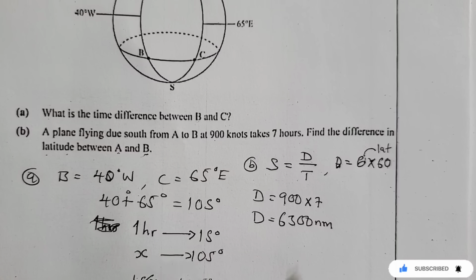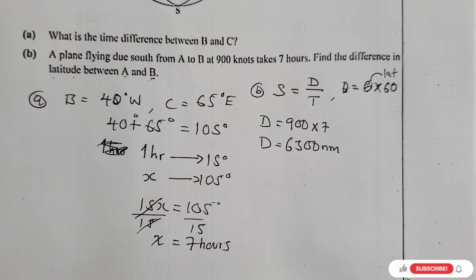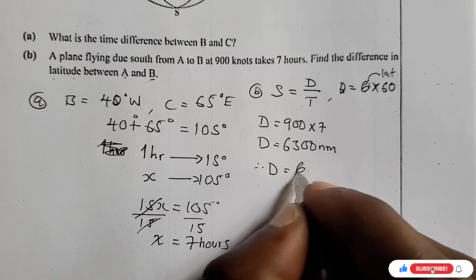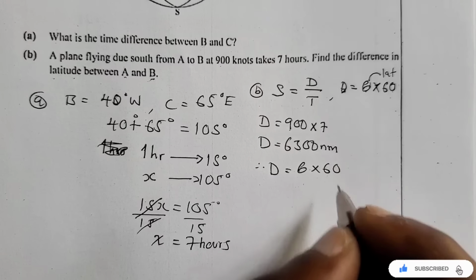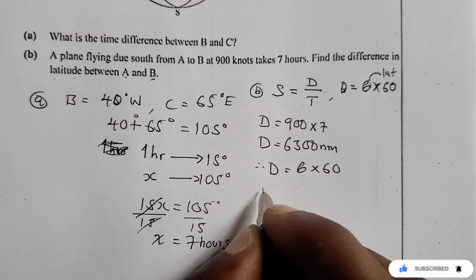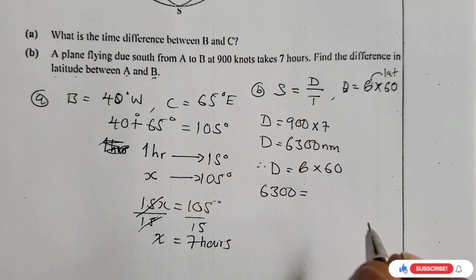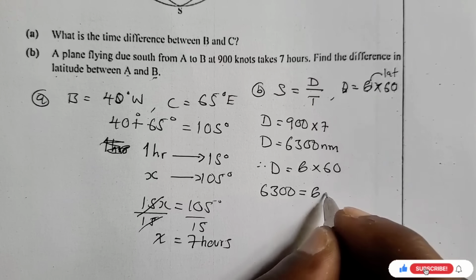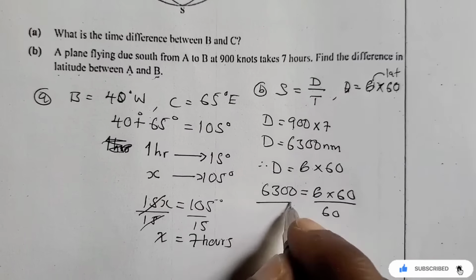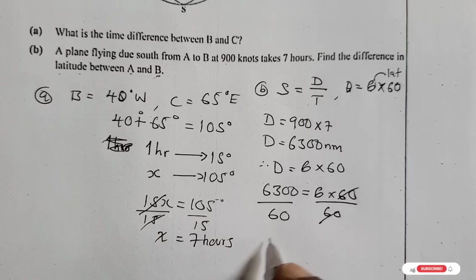We can now find theta, the difference in latitude. Distance is equal to theta times 60, so we substitute the distance: 6,300 equals theta times 60. We divide both sides by 60, and the 60s cancel.